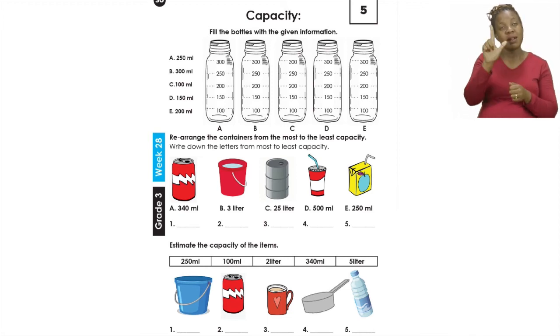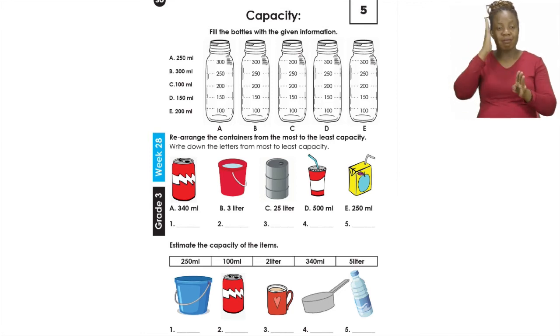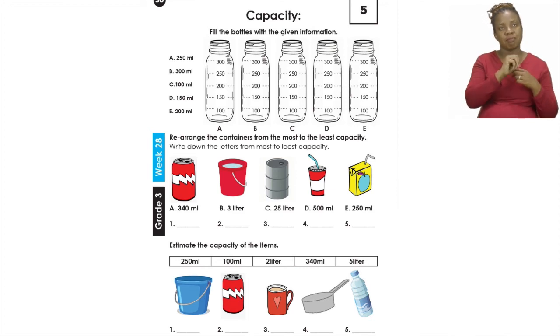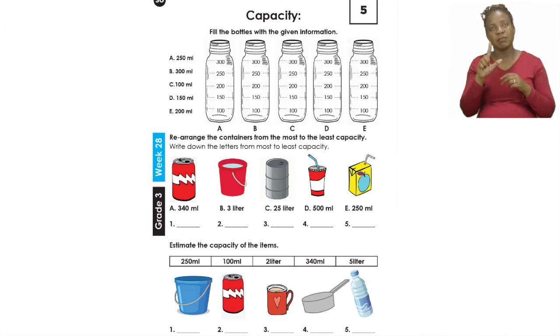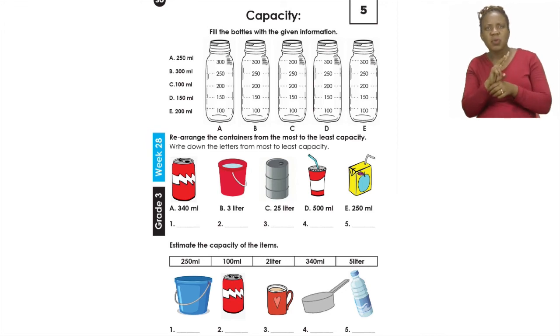So that means if you want to find the most, you need to find an item measured in liters. And I think for number 1, the answer is C, 25 liter. Right. Now you must go ahead and try and arrange the rest of the containers from the most to the least.